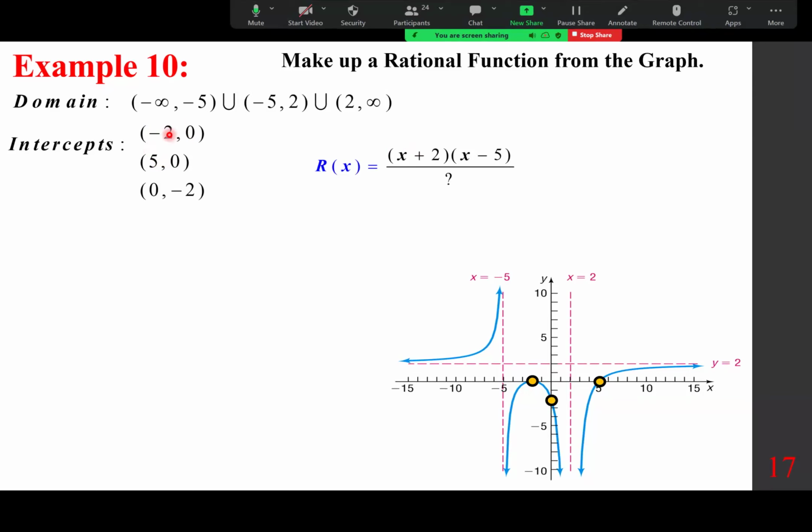Please understand, this means this, and this means this. And this is multiplicity 2 because it doesn't cross. So this one must have an exponent 2, even. We go with the smallest even number.